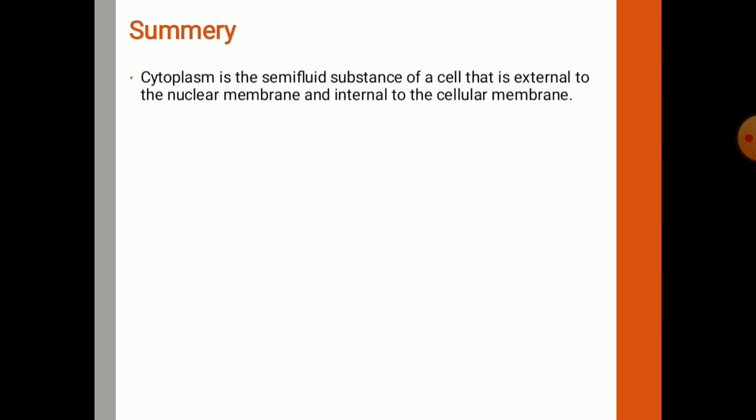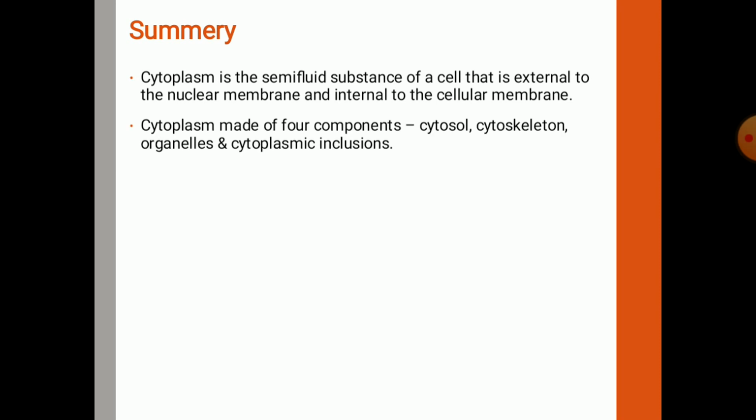Let us revise or recall about the cytoplasm. So, cytoplasm is the semi-fluid content which is present in the cell between cell membrane and nuclear membrane. This cytoplasm is made of different components such as cytosol, cytoskeleton, organelles and cytoplasmic inclusions.